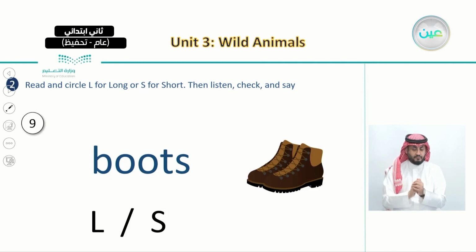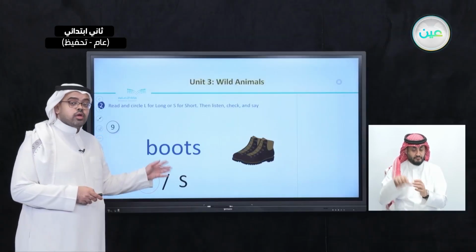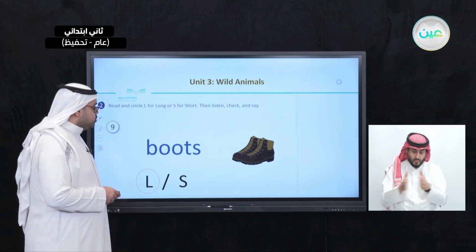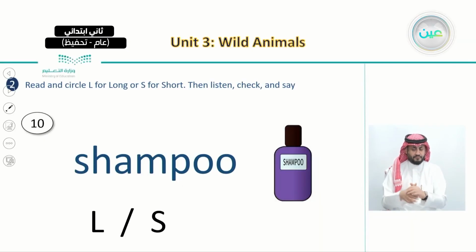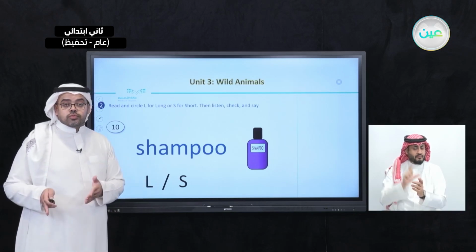And number 9, boots, boots, boots. So boots goes with the long form. Number 10, shampoo, shampoo, shampoo. So what do you think? The long form or the short form?